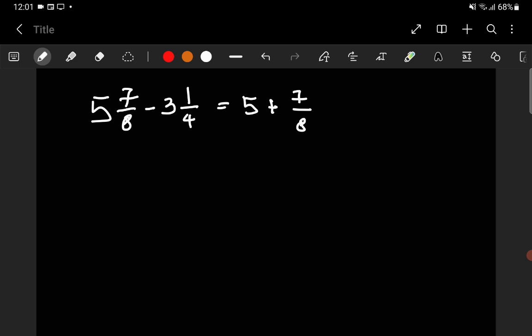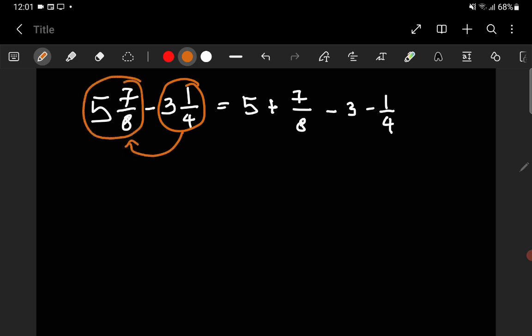If you still remember in the class, we agreed that the 5 7 over 8 will be minus 3 for the integer, and also will be minus 1 over 4. Because this whole thing actually will minus this one as a whole thing.